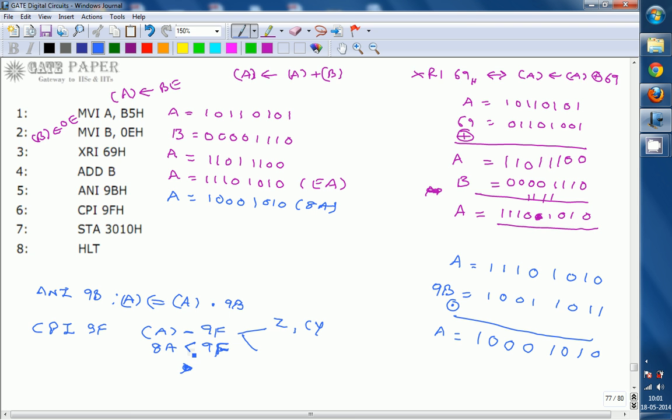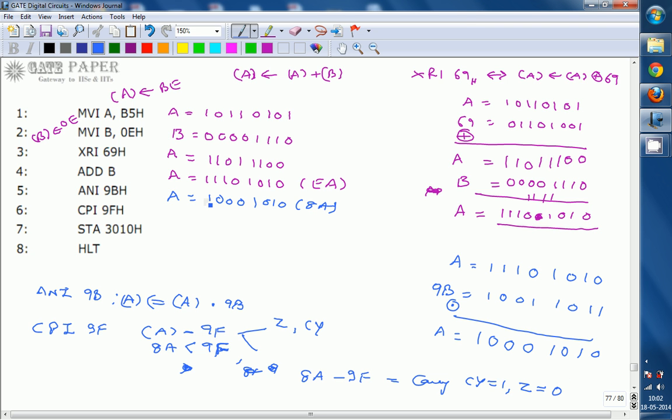Accumulator contents minus 9F requires a carry. 8A minus 9F requires a carry, that is the carry flag will be set, and the result is not 0, so the zero flag is unset. So CY is equal to 1 and Z is equal to 0.